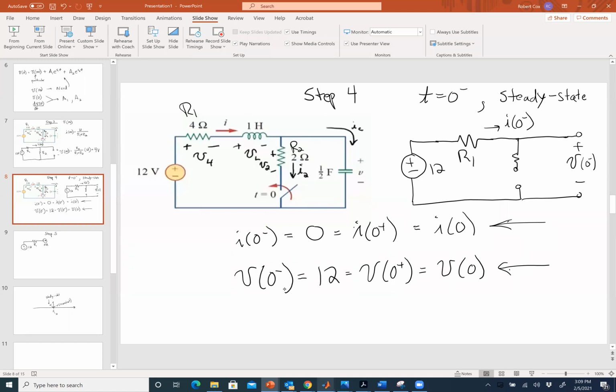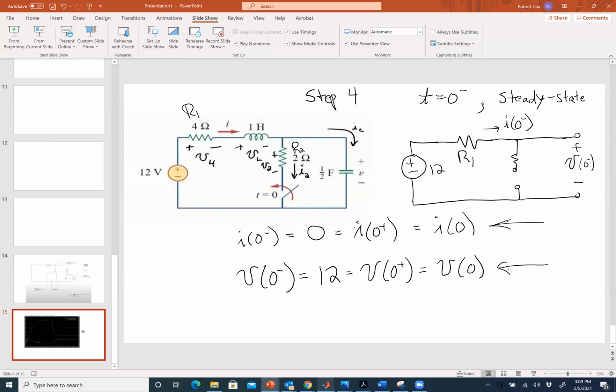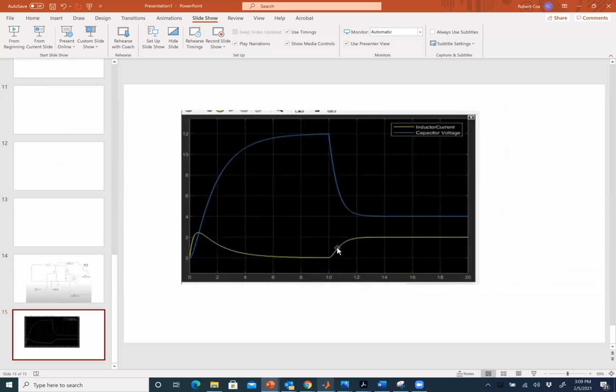All right. It's an important point, right? So essentially, this is me changing the switch in that circuit. And right before the switch moves, the capacitor voltage was at 12 volts. The inductor current was at 0.